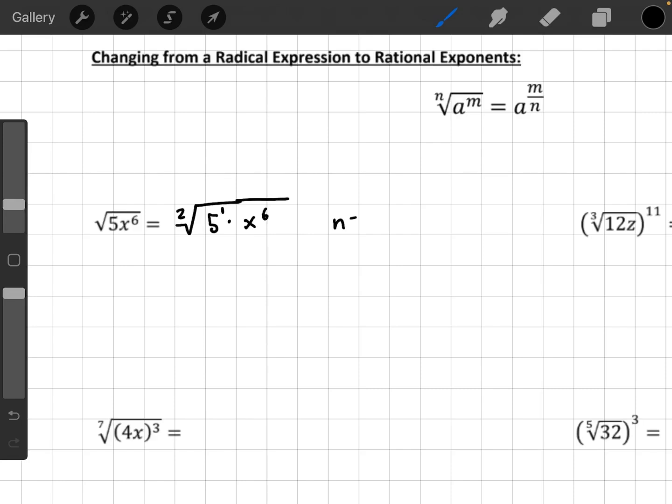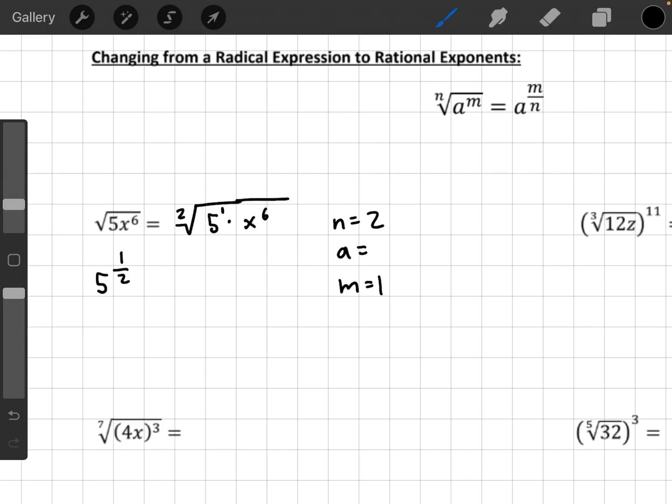So the n term from our formula here is 2, a is 5, and m is 1, just focusing on this part of the expression. We can use this formula and rewrite it as 5 to the power of m, which is 1, over n, which is 2.